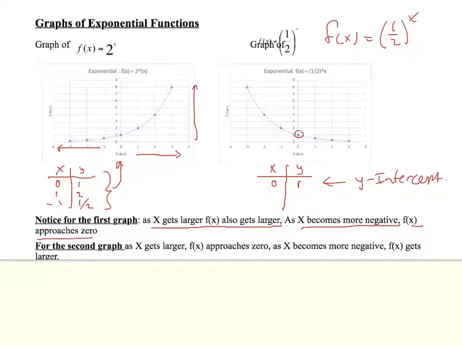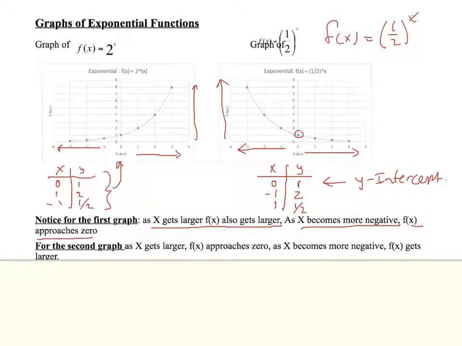Okay, and then from there we can pick a point. We can pick a -1, and we get 2. We can pick 1, and we get 1/2, and so forth, right? And so as x becomes larger, we can see that the graph approaches 0. It approaches the x-axis, right? As x becomes more negative, look what happens.